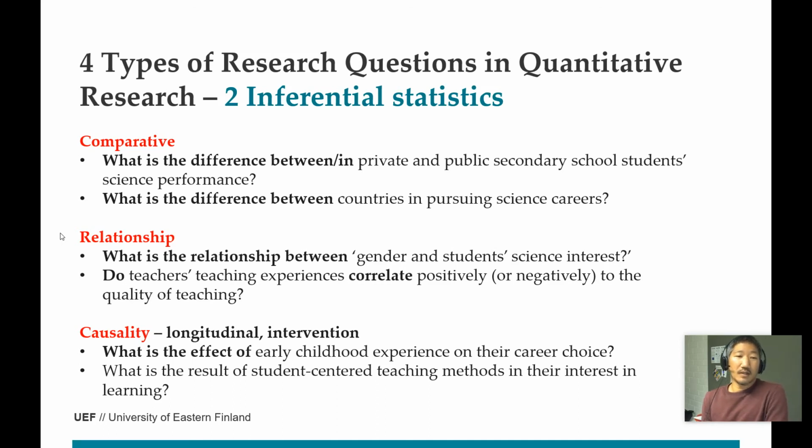So the example is, what is the effect of early childhood experience on career choice? And there are lots of effects of early childhood experience in, let's say, science and in informal situations. Or like the entrance age of the school, the effect of entrance age of the school on their achievement in secondary school.